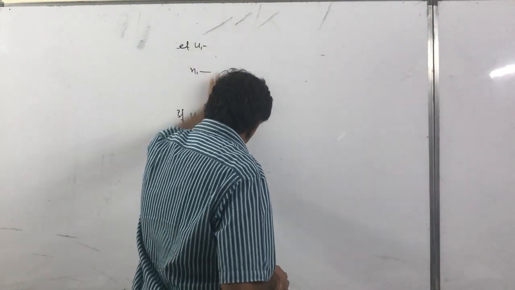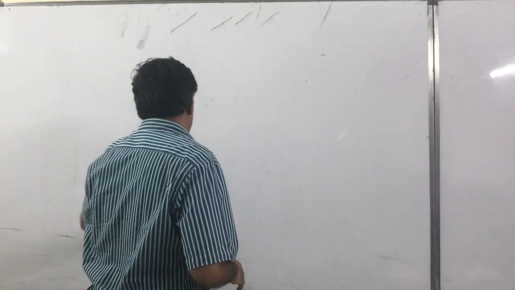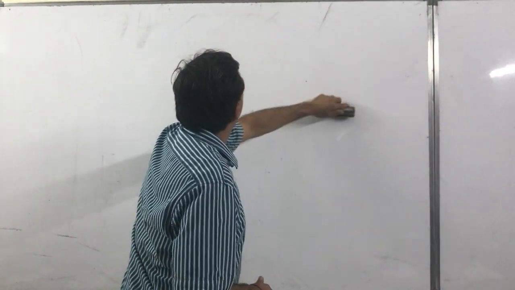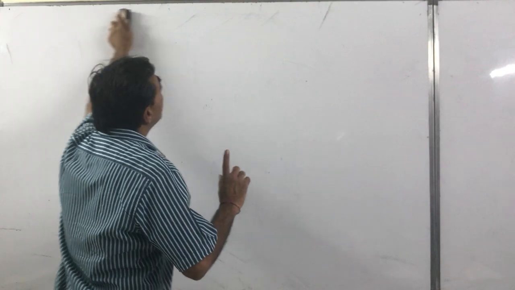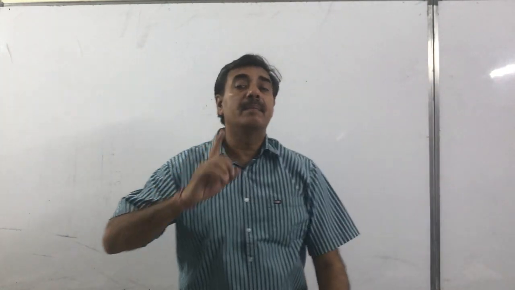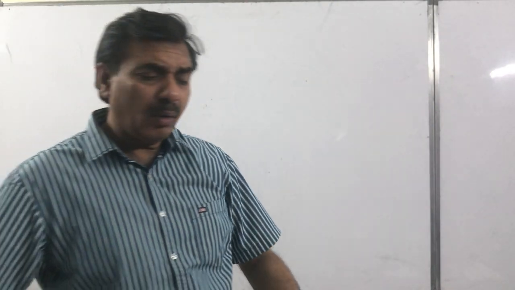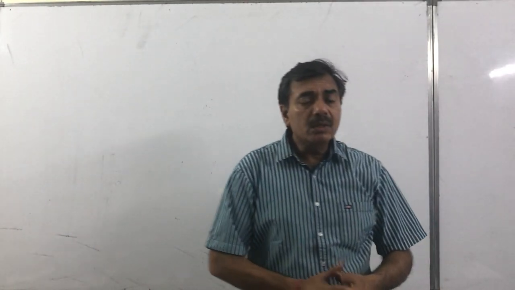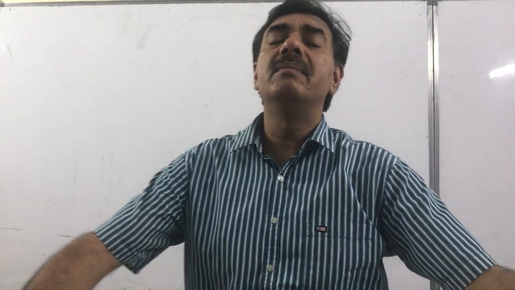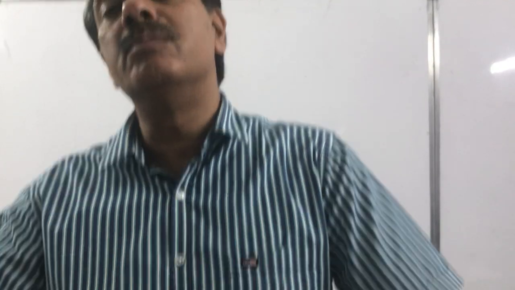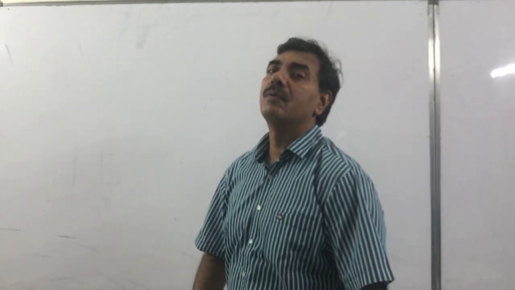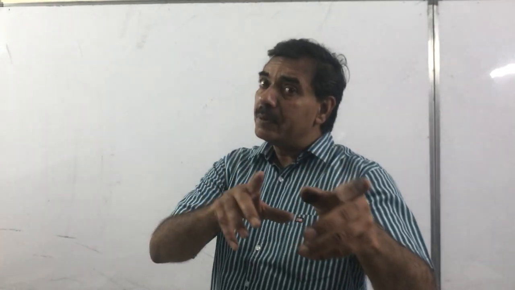The basic quantities in mechanics are mass, length, and time. Why do I call them basic quantities? Because all quantities in mechanics can be expressed in terms of these quantities. And these quantities cannot be expressed in terms of other quantities. Other quantities can be expressed in terms of these.